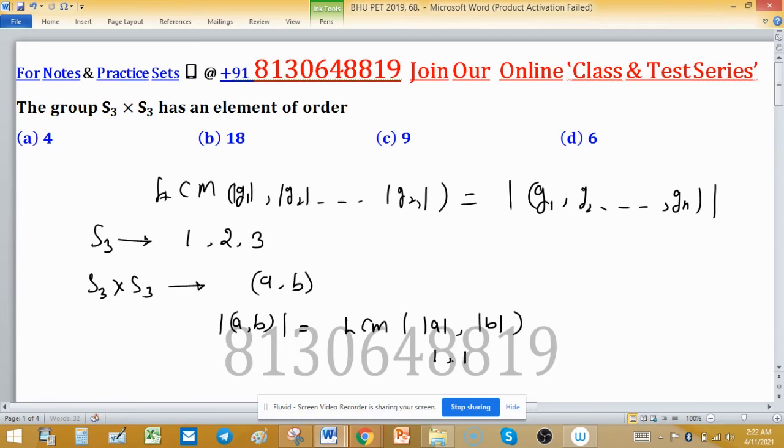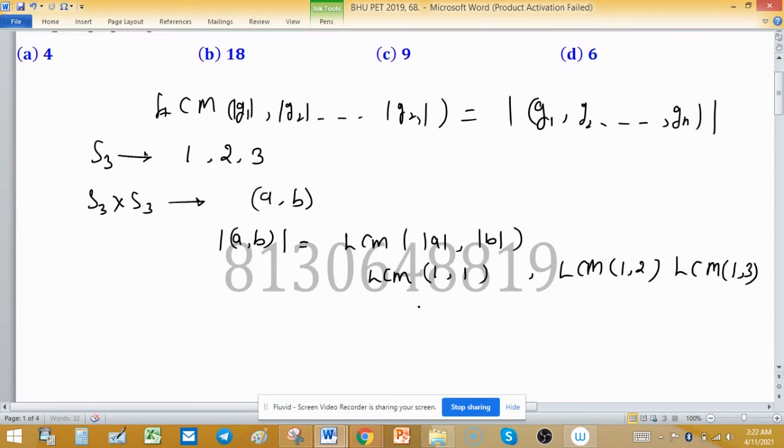So LCM of 1, 1, LCM of 1, 2, LCM of 1, 3, and the other pairs also: LCM of 3, 1, LCM of 3, 2 and LCM of 3, 3.